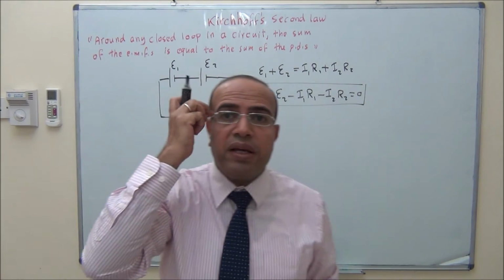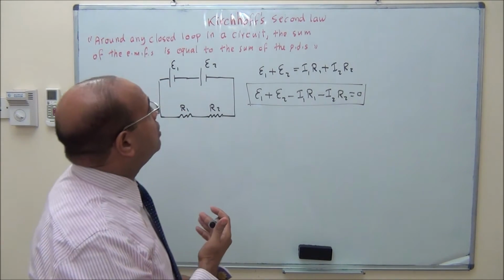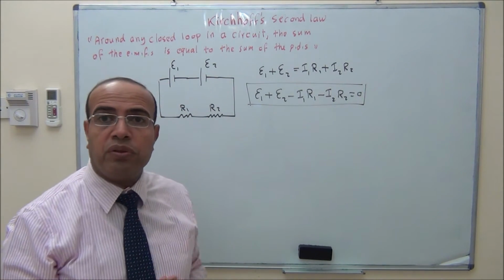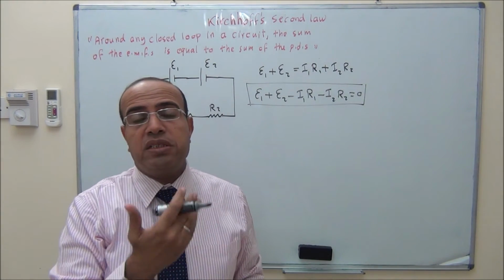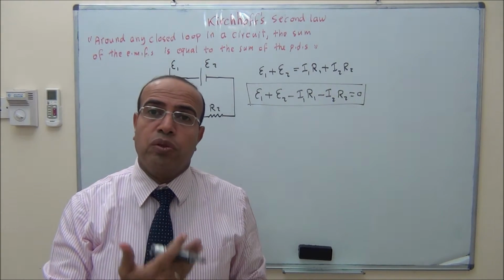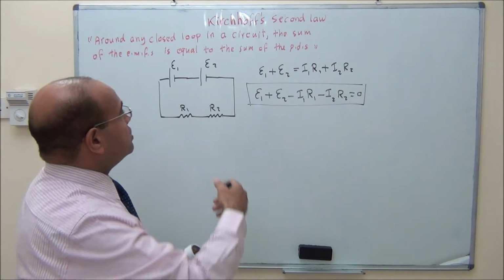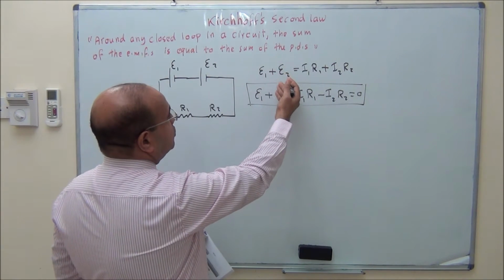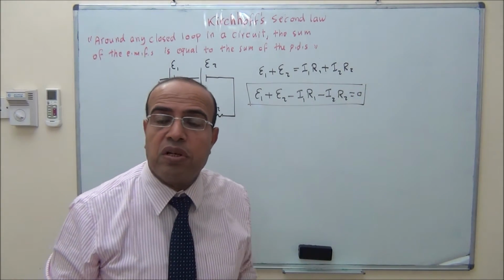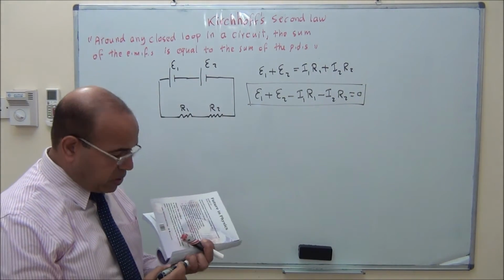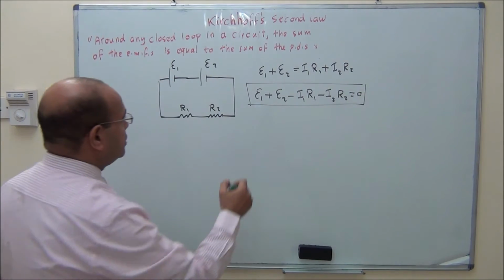This means the energy is conserved. This is called Kirchhoff's loop rule, because he said around any closed loop. In Kirchhoff's second law, the energy is conserved, no loss of energy. So the sum of electromotive forces equals the sum of potential differences.